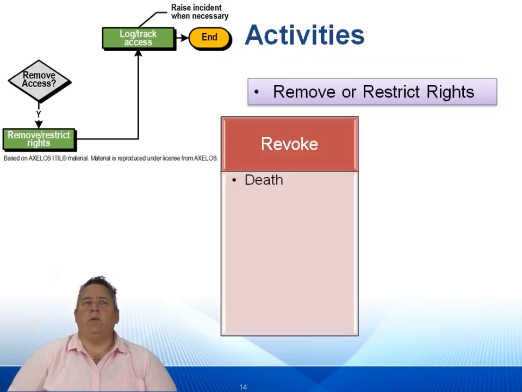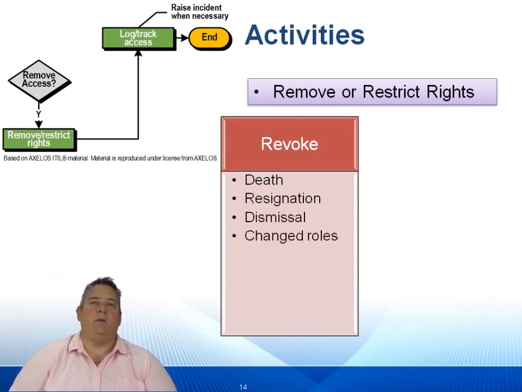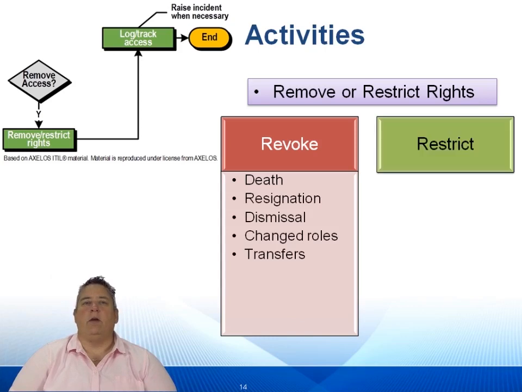So removing or restricting rights. If we go to the other side of the process flow here, if somebody is not verified or validated, or they don't require the rights, we need to remove them; we would be revoking. It could be because of death, resignation, dismissal, changing roles, or transfers.